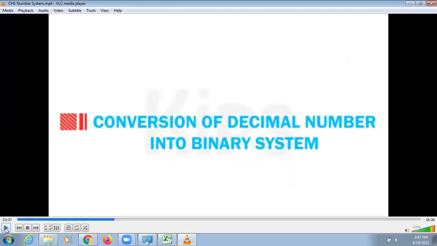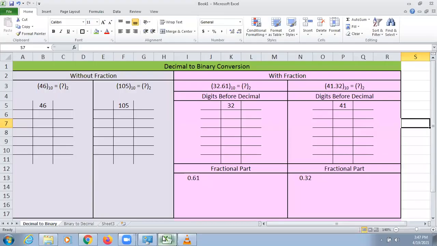Okay. Now we have to understand how to convert a decimal number into a binary number system. For this, today we will be doing 4 different examples. I have taken 4 decimal numbers, which I'll be converting into binary numbers. The first number is 46 and the base is 10 here.